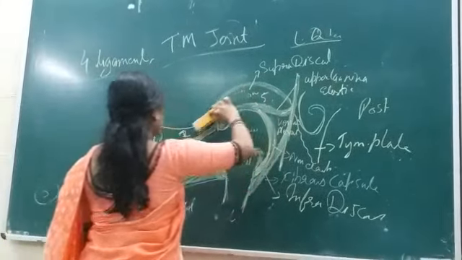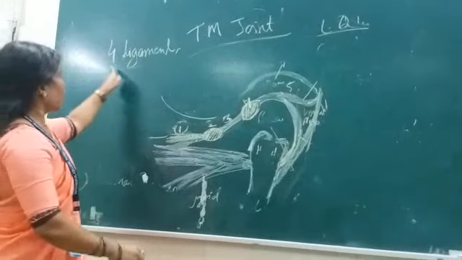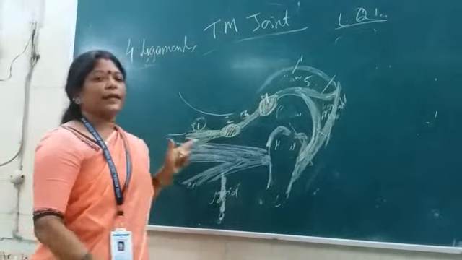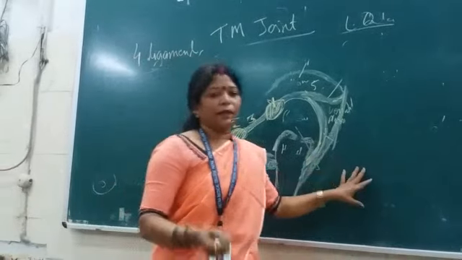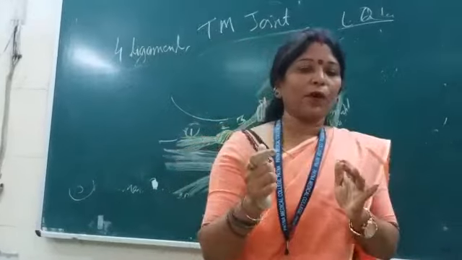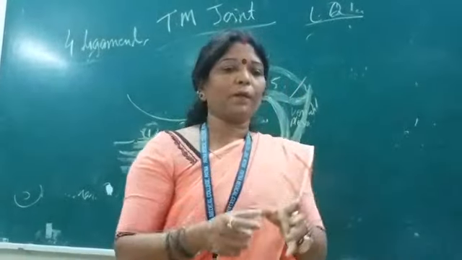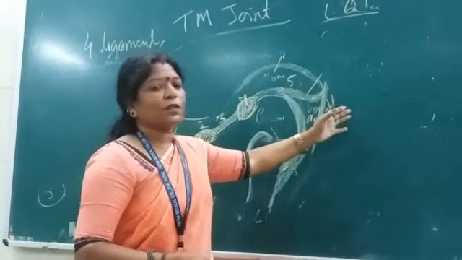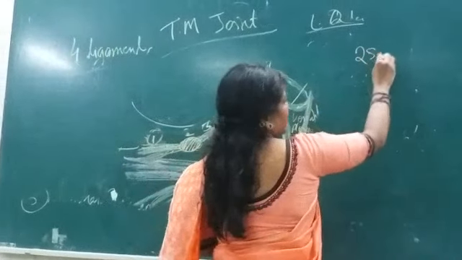Now come to the ligaments of the temporomandibular joint. I have written here four ligaments of the temporomandibular joint. Whenever you read about the ligaments of any organ, suppose the uterus or the spleen, there are true ligaments and accessory ligaments. Just like that, here also there are two sets of ligaments.